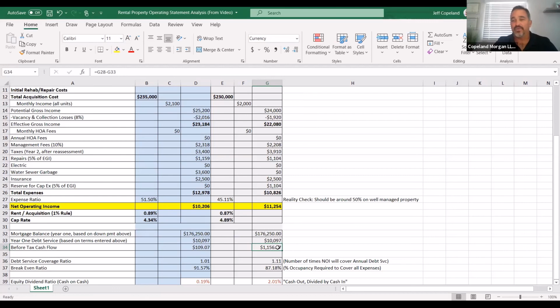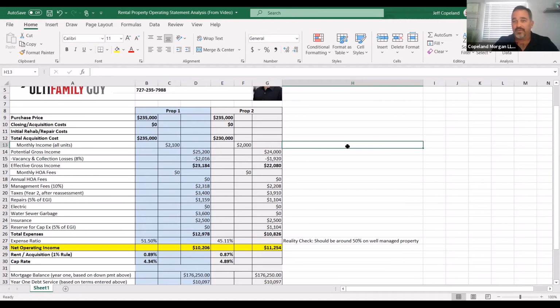But it does enable you to plug in the good, the bad, and the ugly and figure out what makes sense. Ultimately, it's garbage in, garbage out, or quality in, quality out. If these expenses and income are accurate, then you can have a lot of faith in your estimates and in your numbers. If you're plucking numbers out of thin air, then you're going to have less confidence in it, just like anything else.